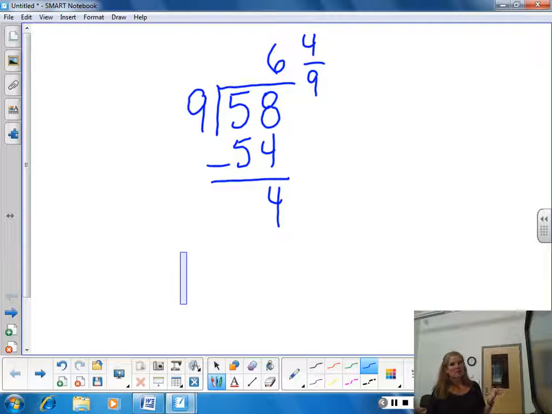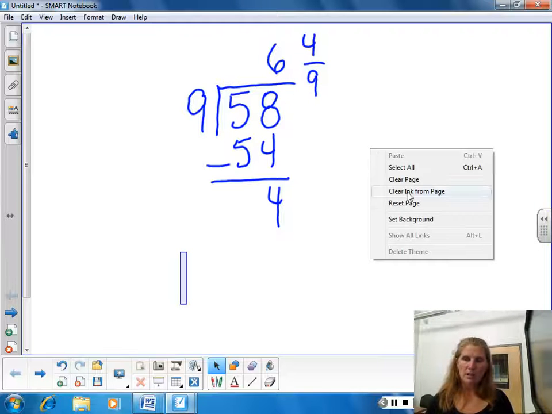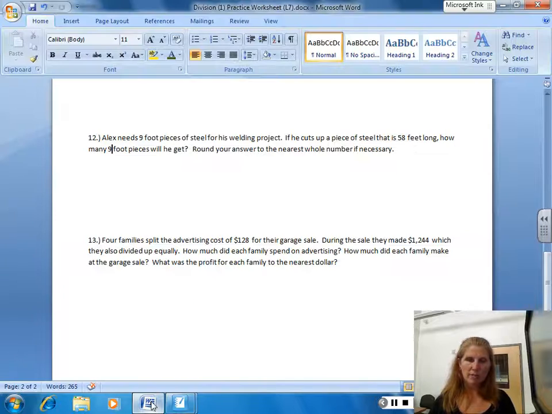But that doesn't help us because we need a piece that's not 4 feet long. We need a piece that's 9 feet long. So that doesn't help. So we have 6 pieces that he can make out of that, and then after that, I have some leftovers. But they don't really care about the leftovers. So your answer would just be 6. He could get 6 pieces out of this long piece of steel that he has.